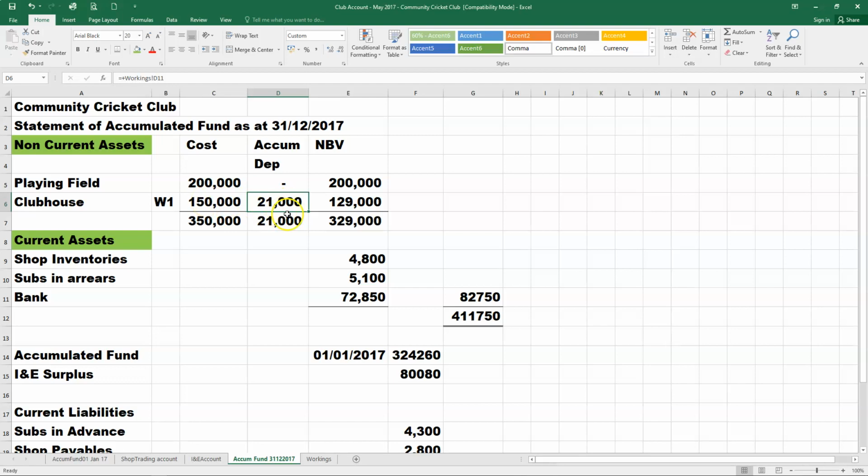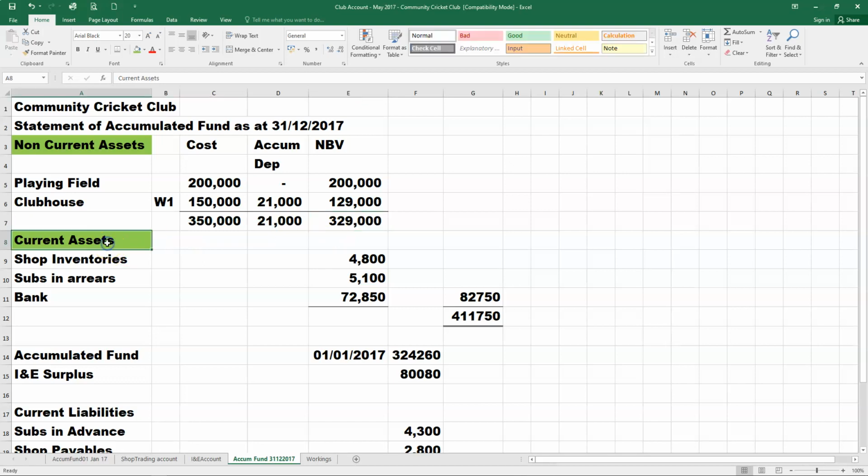So 150,000 less the 21,000 gives me 129,000. So I add these two figures, which gives me 350,000 less my accumulated depreciation, which gives me my net book value of 329,000. And that's my non-current assets.